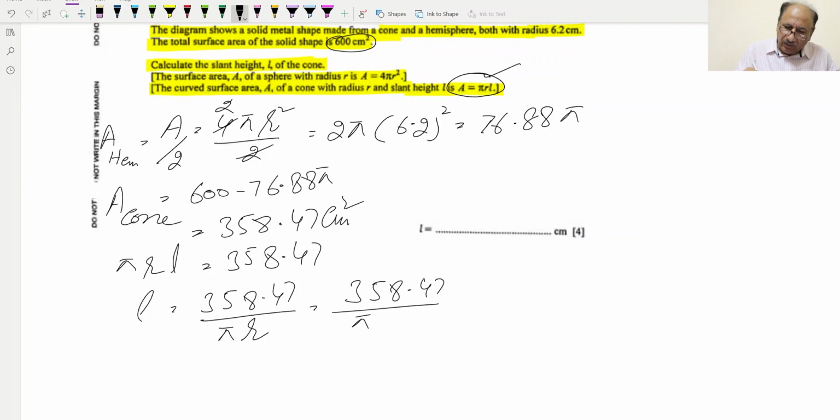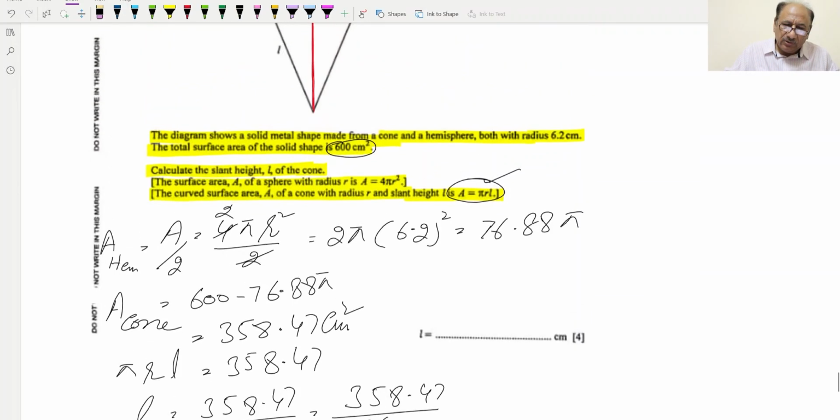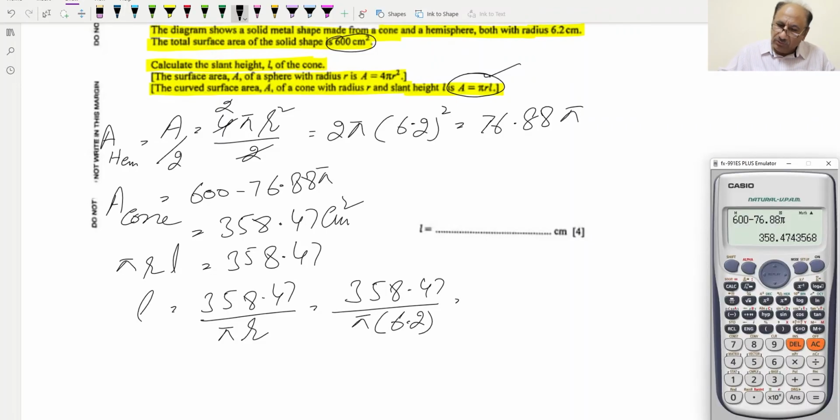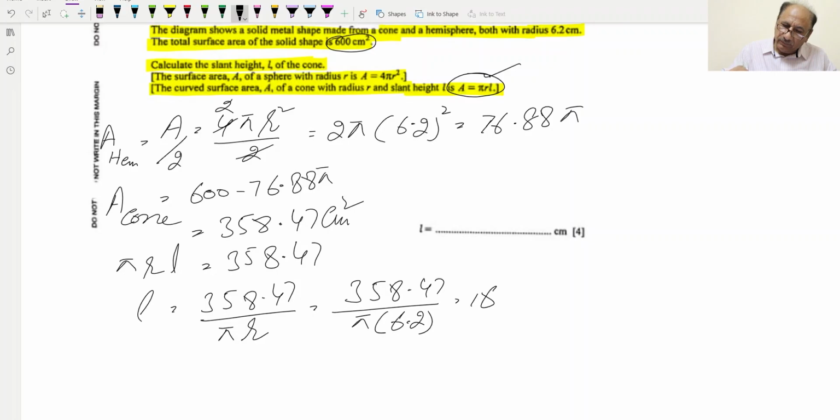This will be pi, and R value is 6.2. So 358.47 over pi value into 6.2, and this is equal to 18.4 centimeters. This is L value which we can provide, and keep in mind this is a 4-mark question.